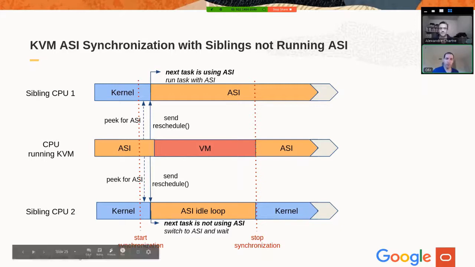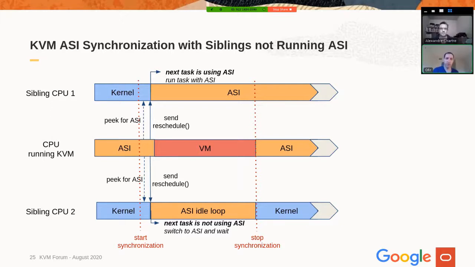CPU2 is picking a task which is not running ASI. So in that case, we cannot run that task immediately. Instead, we'll switch to ASI and wait. So at this point, when both the sibling CPUs have entered ASI, we can run the VM safely. Once we are done with running the VM, we stop the synchronization.